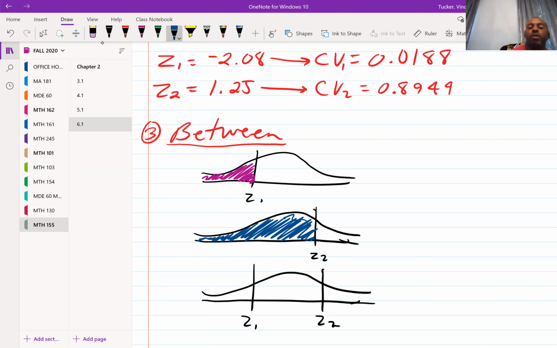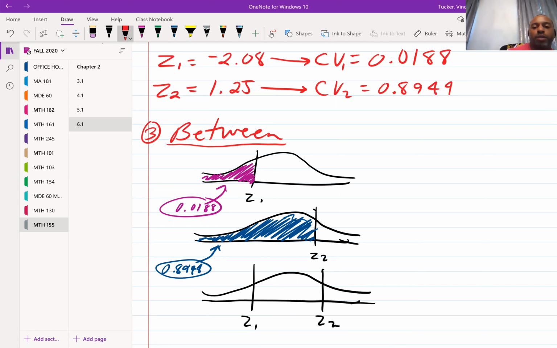So that first percentage, 0.0188, I can write that right here. That's represented right there. And then here, 0.8944.